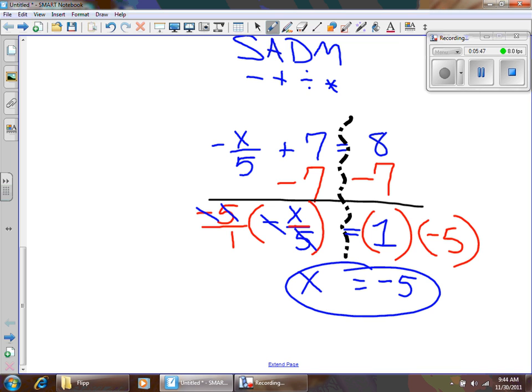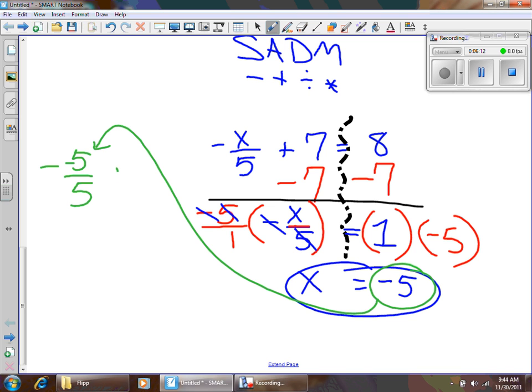I can check my work. Let me check my work. I shall check my work for you. -5 over 5. Wait, Mr. Lawrence, where is that 5 coming from? Right here. And I've actually made a small mistake because the fraction is negative to begin with. I need to stick another negative in there because x was -5.